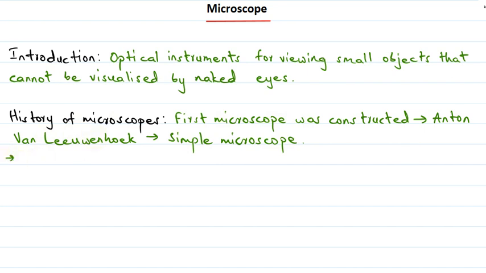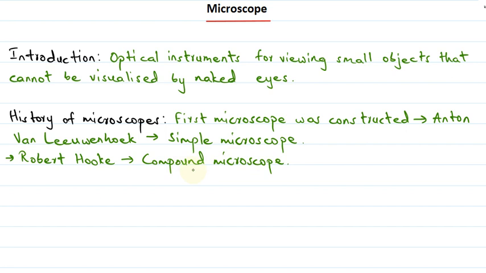After that, what happened? With this simple microscope, Leeuwenhoek could magnify and view objects up to 200 times. Later on, Robert Hooke developed a compound microscope.